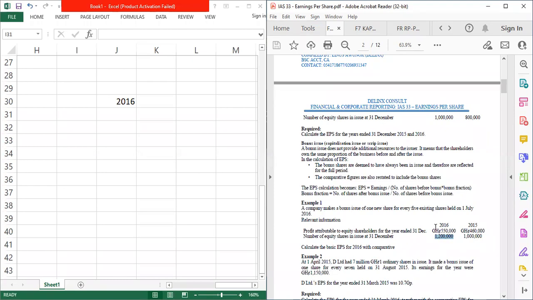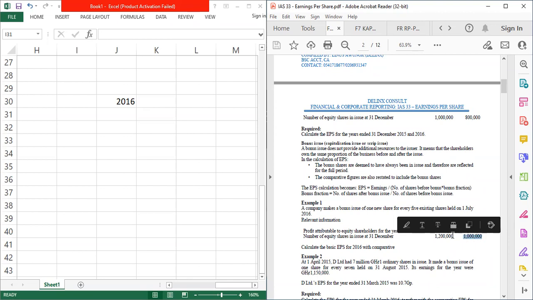But mostly bonus issues should be made on the shares at the beginning of the year. So at the beginning of 2016, the bonus issue will be made on that particular share, and that share is the 1 million. Number of equity shares in issue at 31 December, so this is at the beginning. It means that they have added the bonus issue to it already. But the bonus issue will be made on the shares at the beginning of every year.